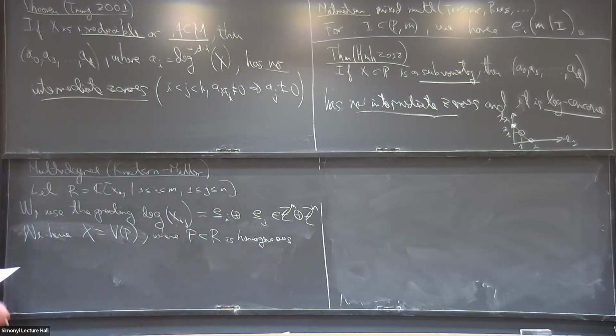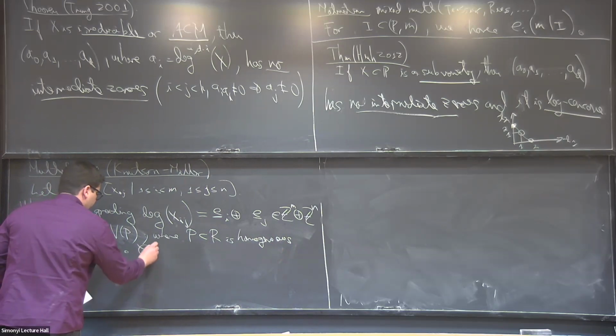Okay, and Knutson and Miller define something called the K-polynomial that is supposed to record the K-cohomology classes, and the multidegree polynomial.